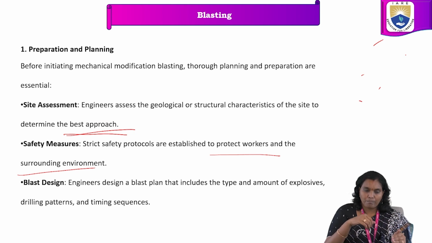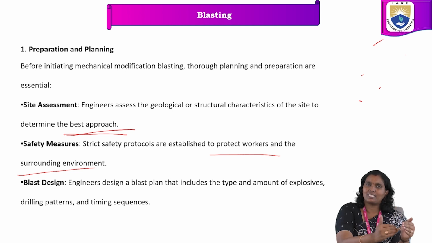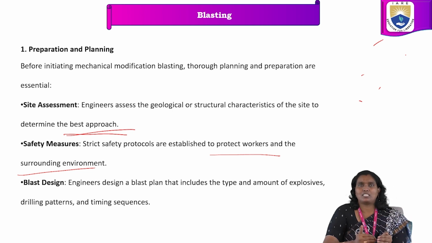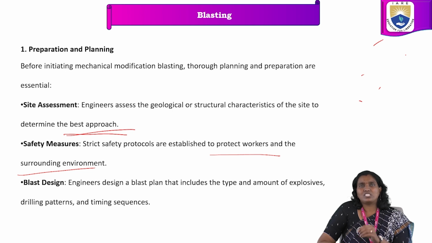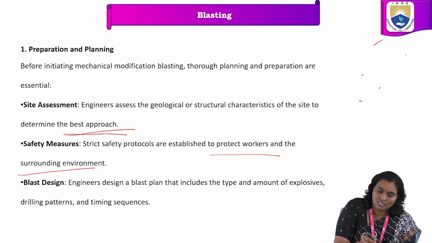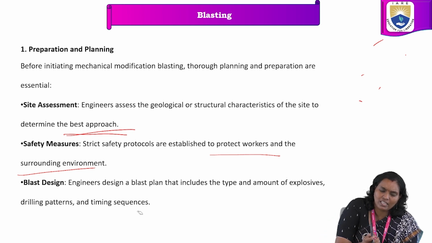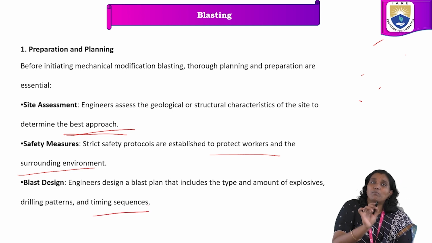Now we are planning for the blast design. Engineers design a blast plan that includes the type and amount of explosives, drilling patterns, and timing sequences. Each and every parameter is very, very important in blast design.